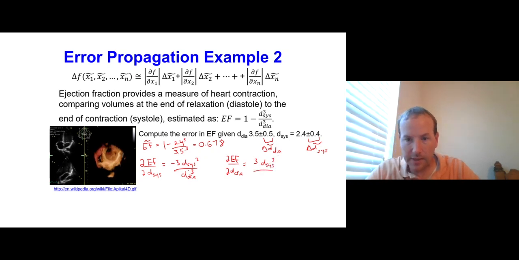So the d-sys is not changed, but you get a 3 out front, and you get d-dia to the 4th power. Okay, so that's the little bit of calculus that we needed to do.